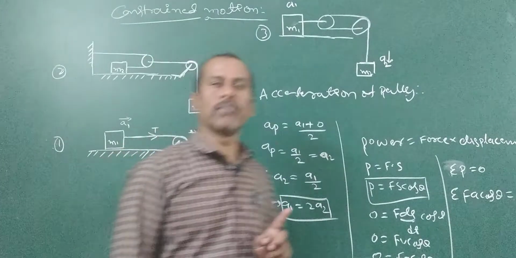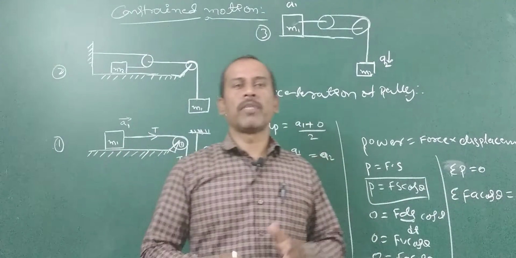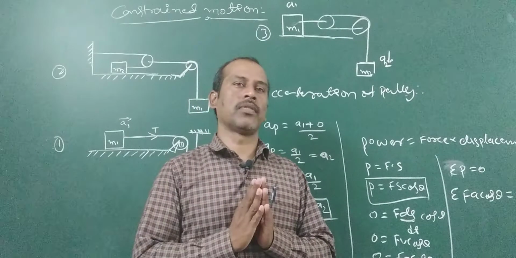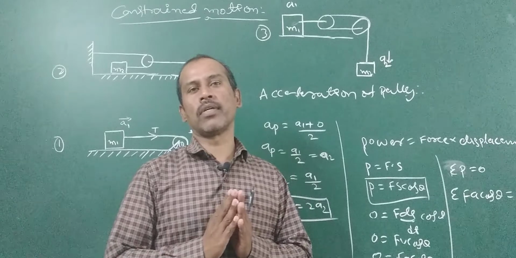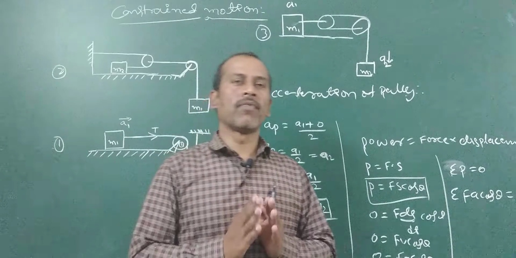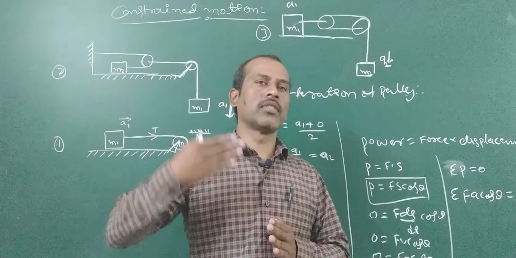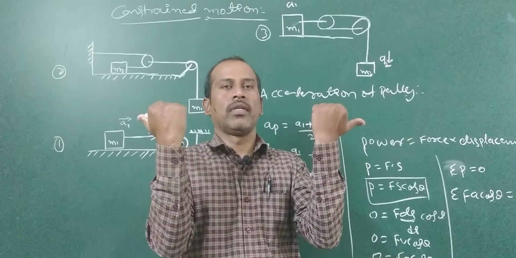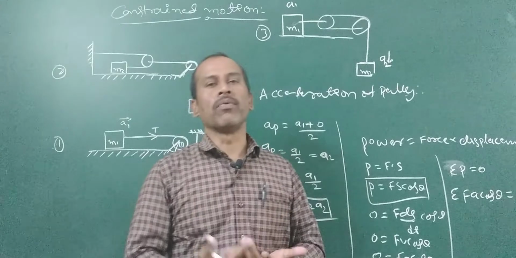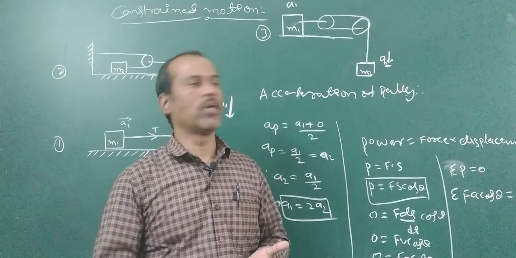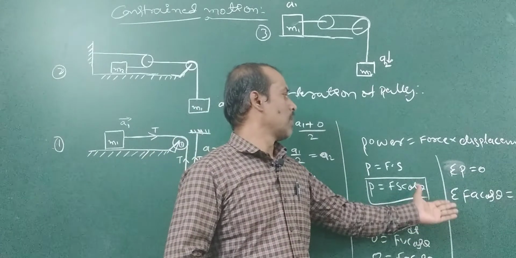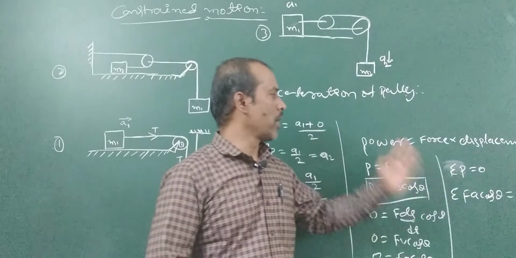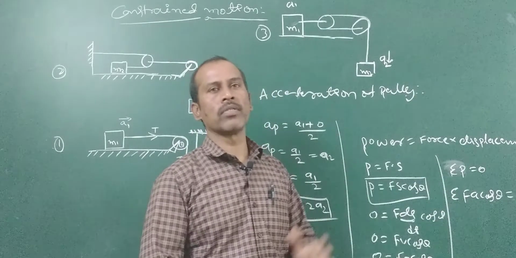For maximum power, force and displacement are both in the same direction, so theta is equal to 0 degrees. If theta is, for example, 180 degrees, the force and displacement are acting in opposite directions, then the power is negative. But in this case, summation F a cos theta is equal to 0, which means the net power is equal to 0.